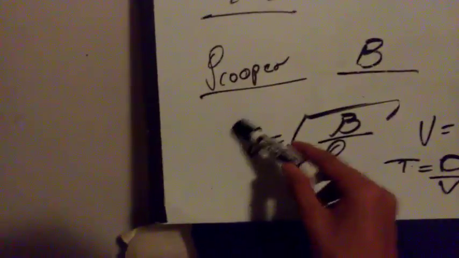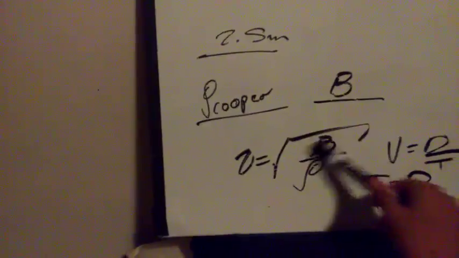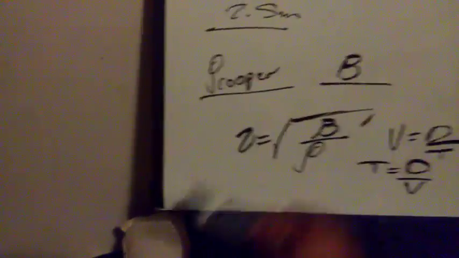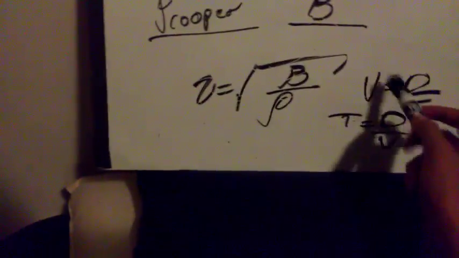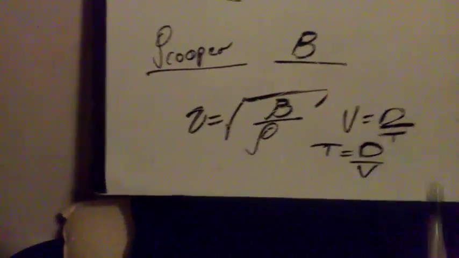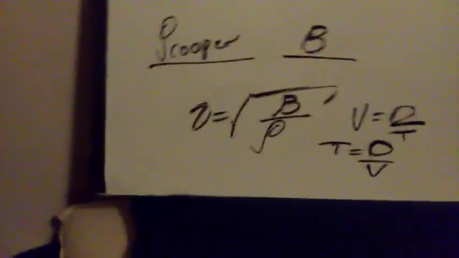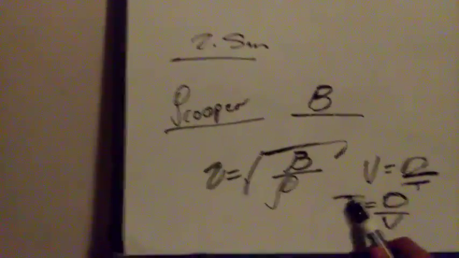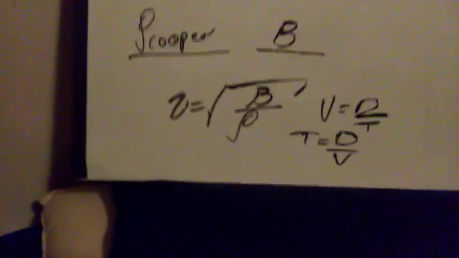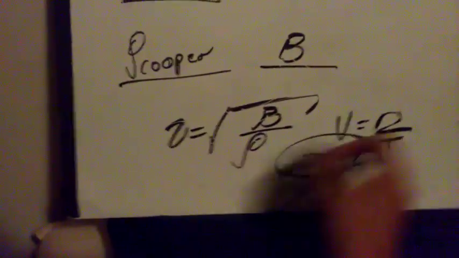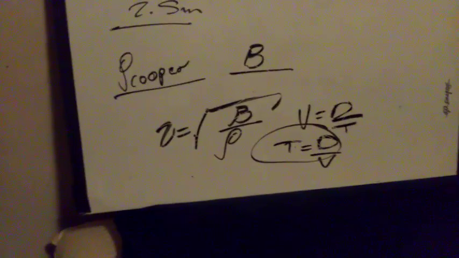So we use the formula V equals this, so that way we get V, and now V is equal to the distance over the time. That means that time is equal to the distance over the velocity. So that way we can find the time.